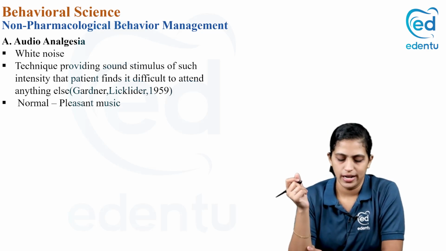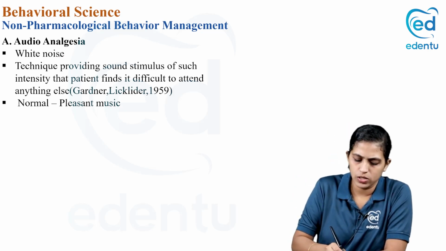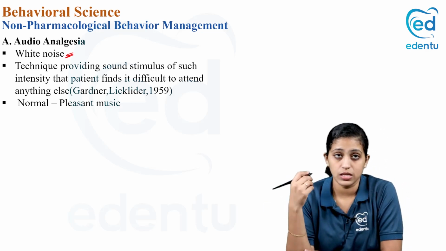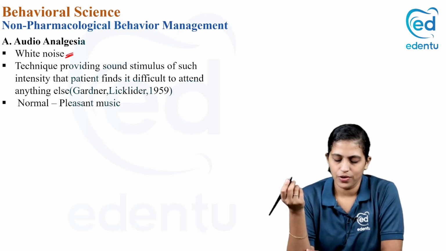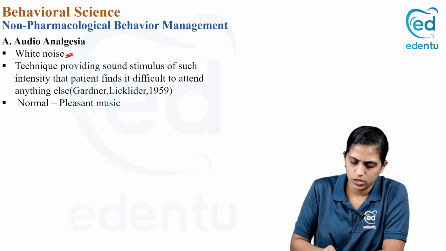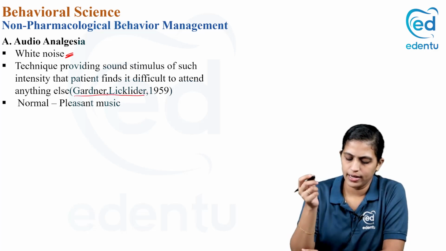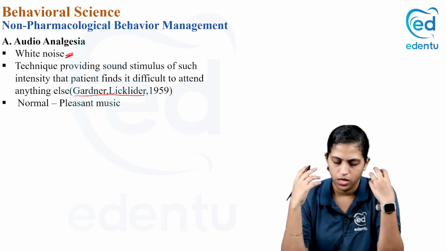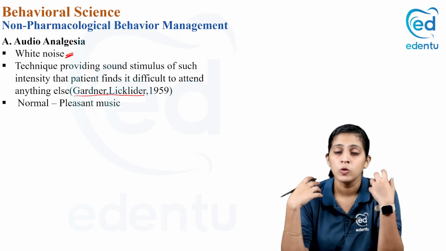First is audio analgesia. This is otherwise known as white noise, a technique providing a sound stimulus of such intensity that the patient finds it difficult to attend to anything else. This was said by Garner and Linder in 1959. So basically we're giving the child a sound stimulus, like music.